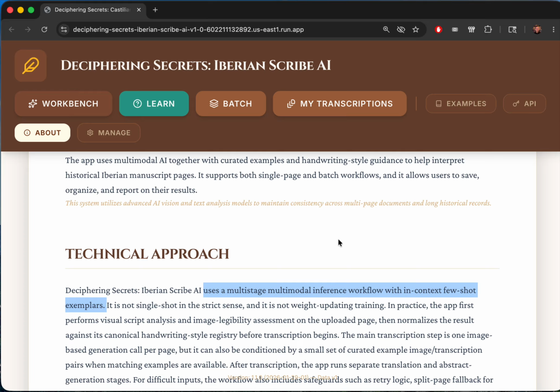These are the ones we've collected from manuscript transcription projects that are exceptional examples of good transcriptions.